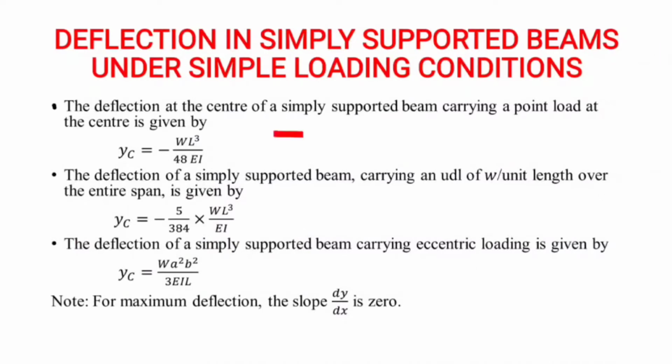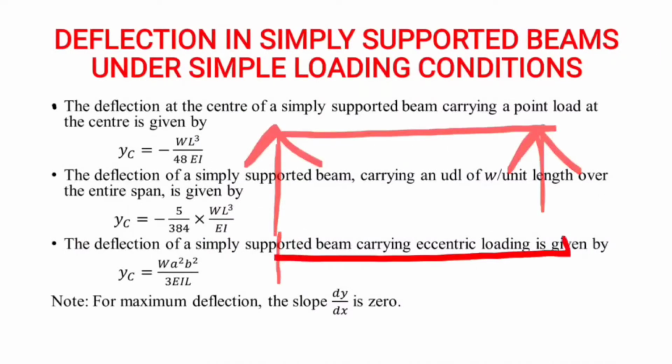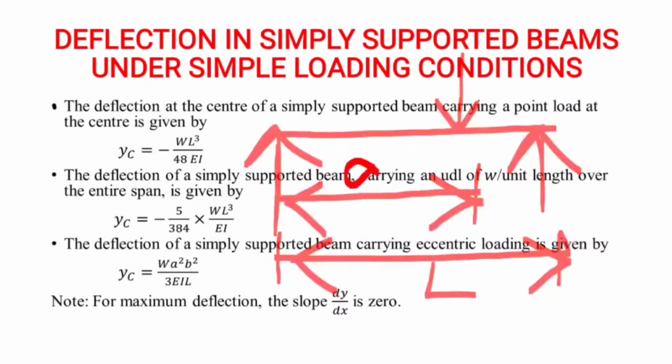Let's say in the next case, third case, this is the L. The distance between these supports is L. The load is acting eccentrically. Eccentrically means it does not act at the center. Okay, from the left support it is acting at A distance.